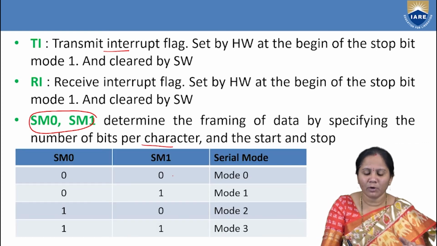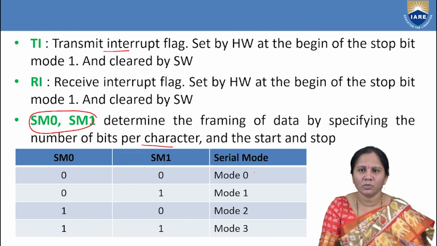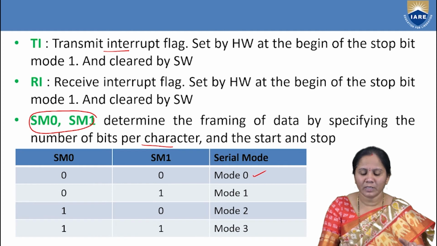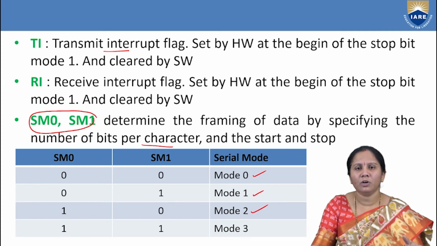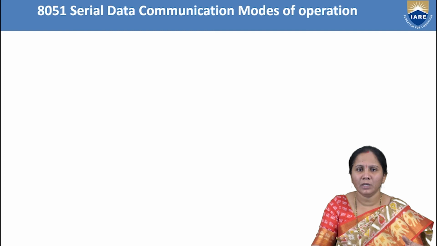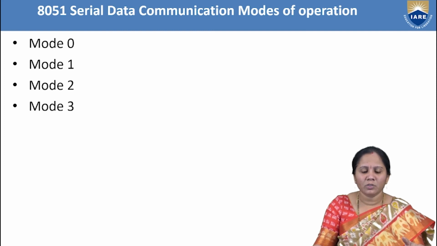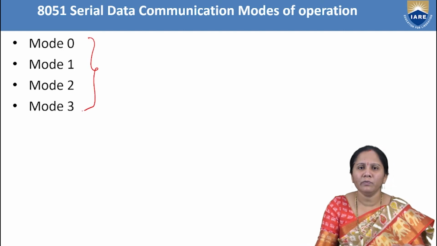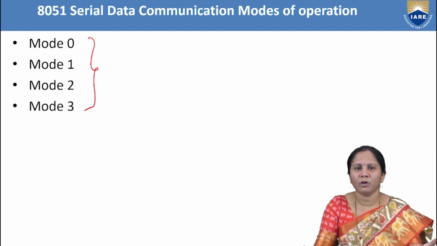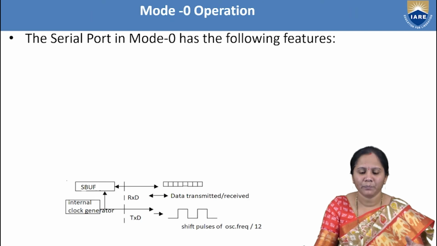So if SM0 and SM1 are both 0, 0, the mode of operation is mode 0. If it is 0, 1, mode 1 operation; 1, 0, mode 2 operation; and 1, 1, mode 3 operation. So these are the 4 serial data communication modes of operation based on the SM0 and SM1 bits.